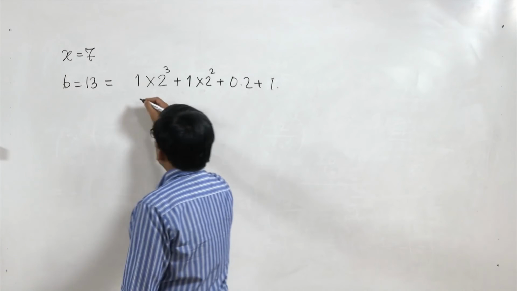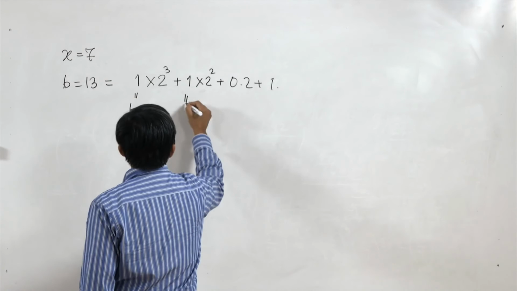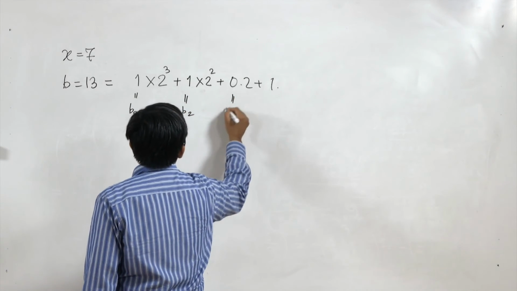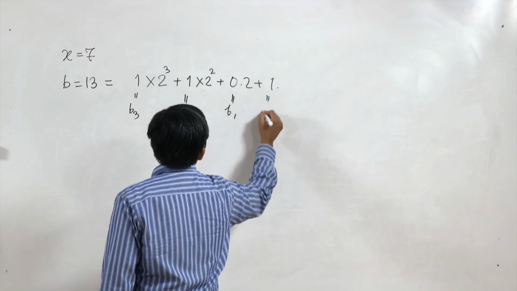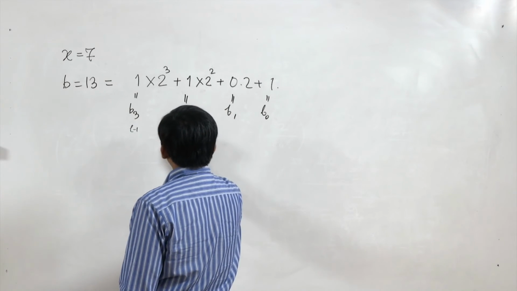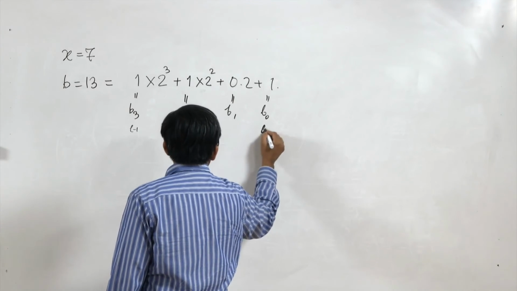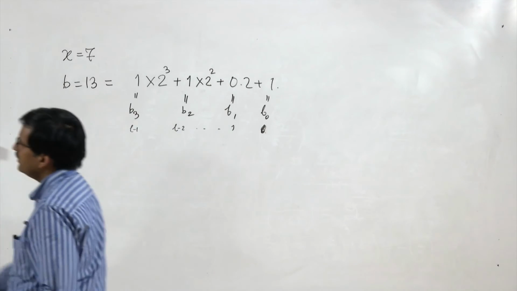So, this is B3, this is B2, this is B1 and this is B0. This is L minus 1, L minus 2 and so on, and this is B0, in my general algorithm.